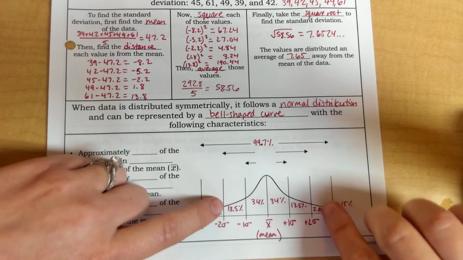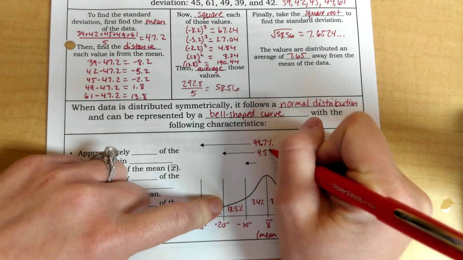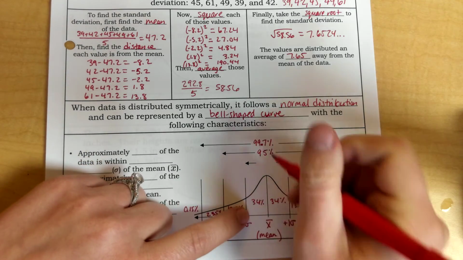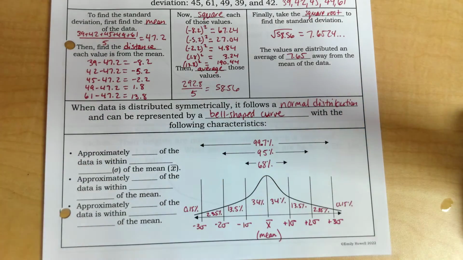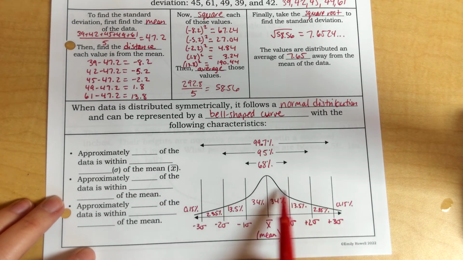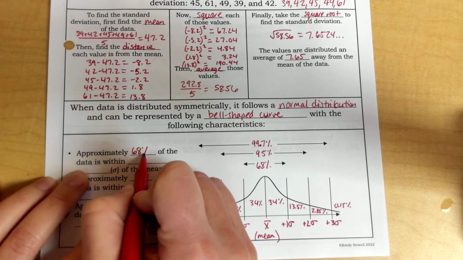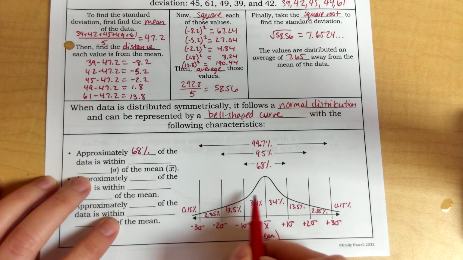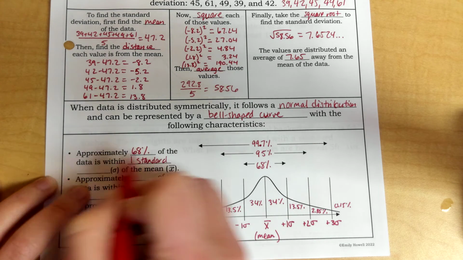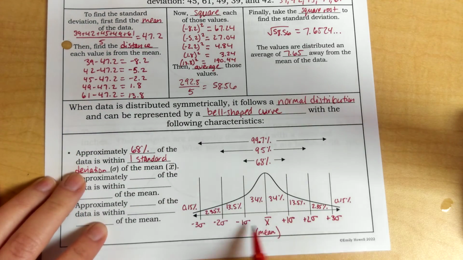Then 2 to negative 2 represents 95% of the data. And then from here to here is 68% of the data. And so in words, okay, I know it's sometimes easier to see it in the pictures, but approximately 68% of data is within 1 standard deviation. That means to the left or the right, 1 standard deviation of the average.